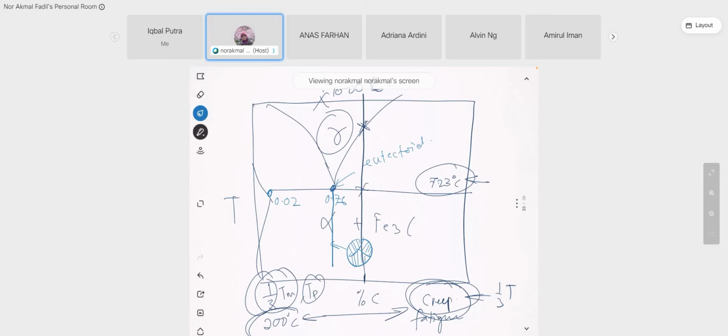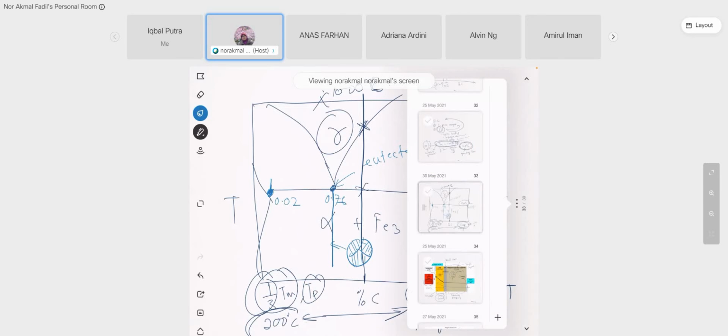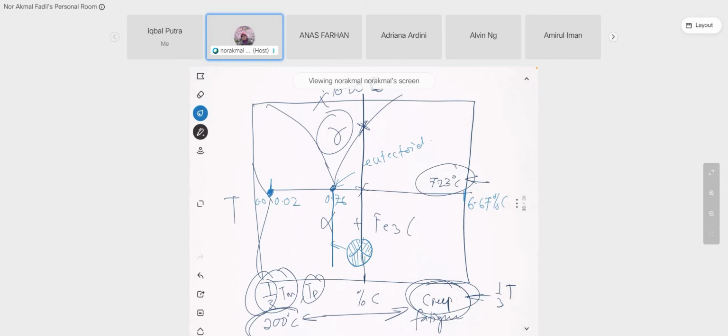You will have this kind of pearlite structure if the carbon composition is between 0.02 up until 6.67% carbon. If you have 0.01%, you won't be able to obtain pearlite structure because it's not passing through the eutectoid reaction, which is at a temperature of 723 degrees Celsius.